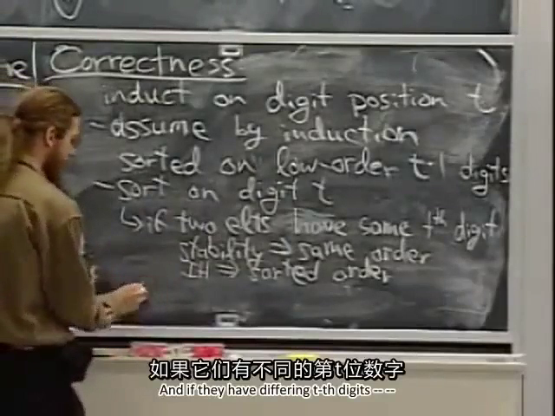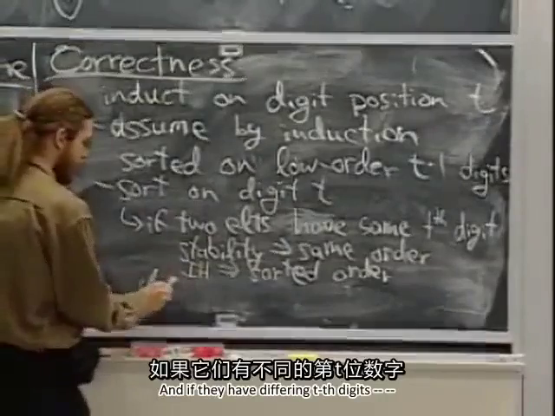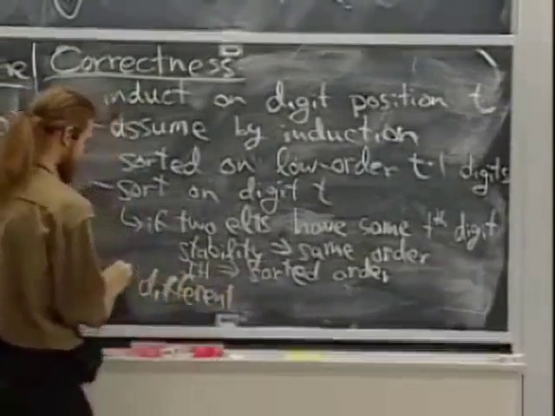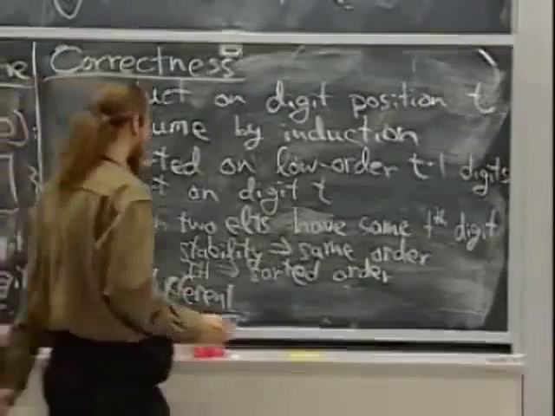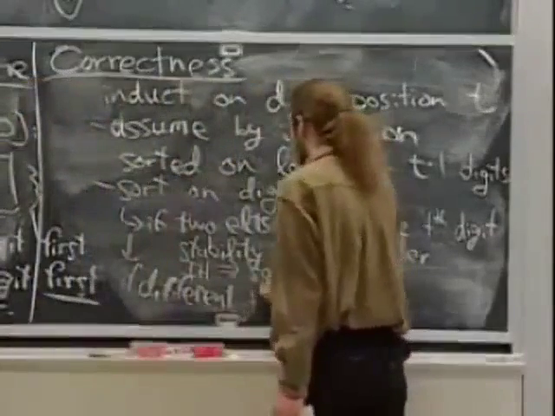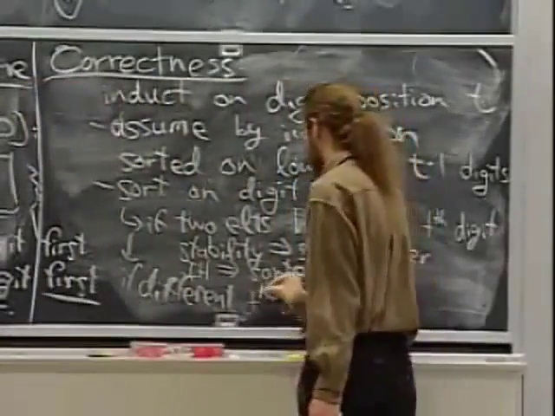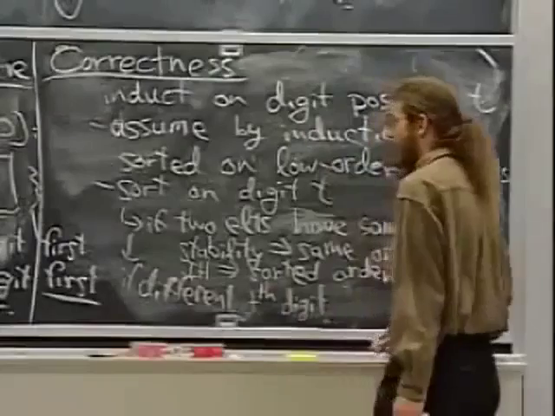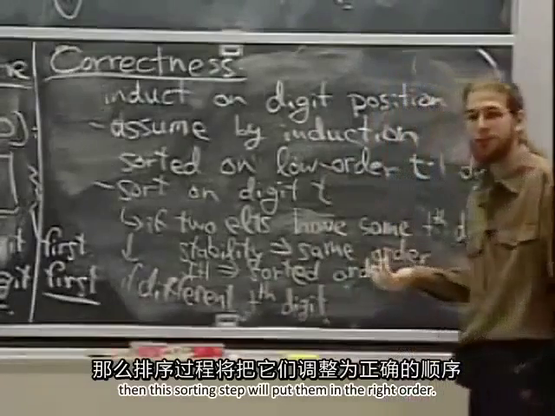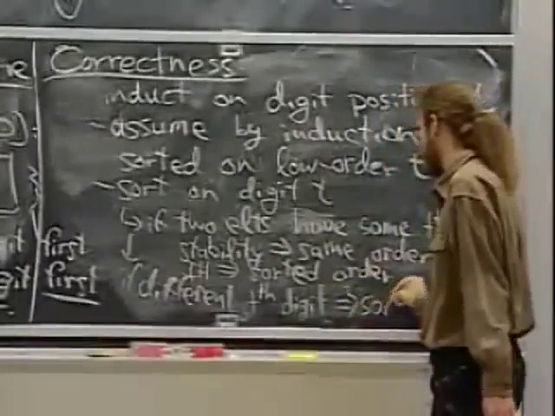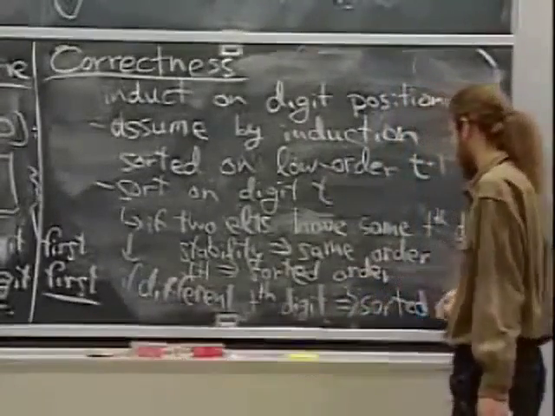And if they have differing tth digits, then this sorting step will put them in the right order, because that's what sorting does.